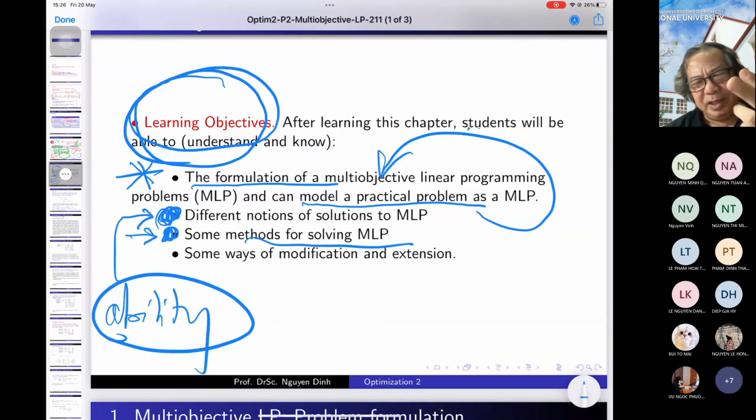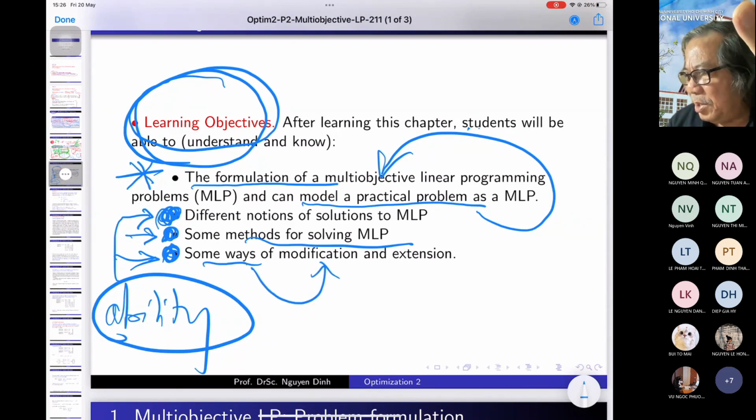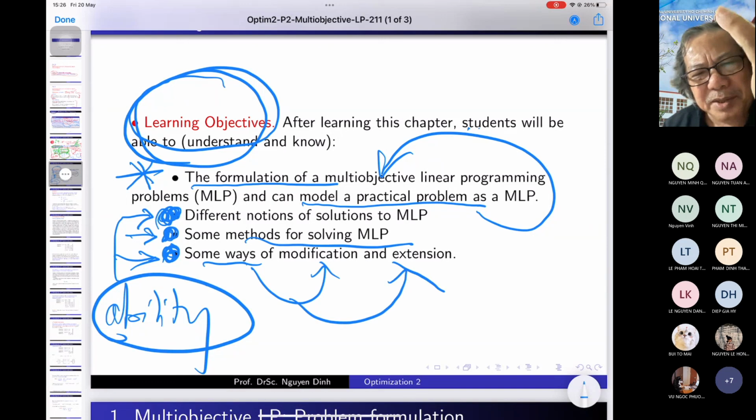At least three methods. Two main methods: the graphical solution method and the scalarization method. It also supplies you the ability to make modifications and extensions.